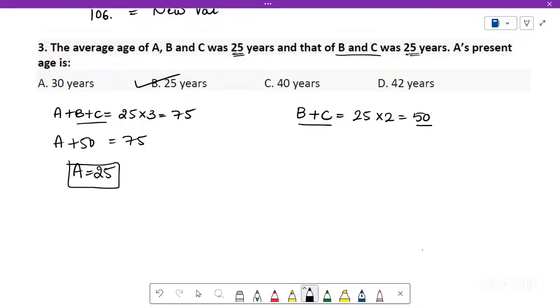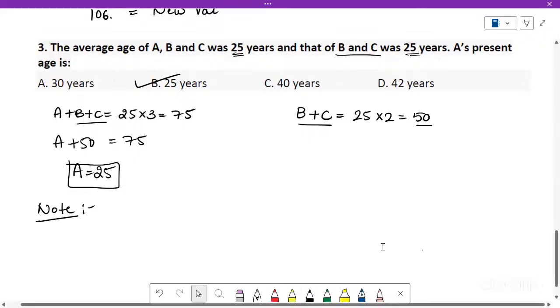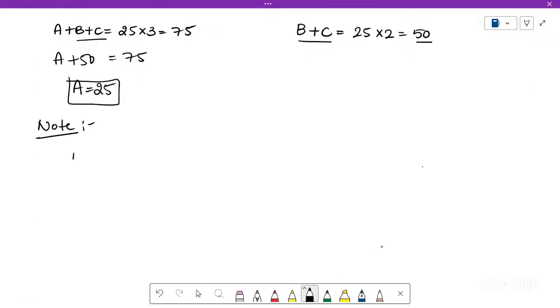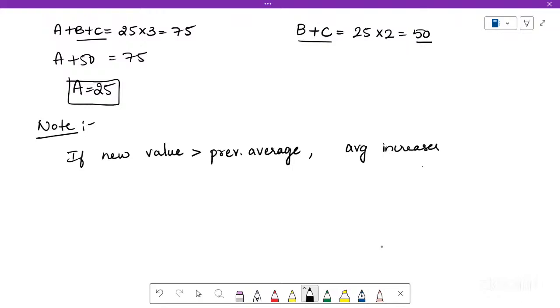Understood? You can make a note of this. You can write this down. Now, we are adding one value. If new value is greater than previous average, average increases. If new value is less than the previous average, average decreases.